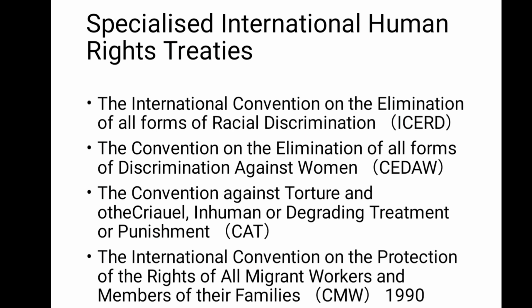This convention has an optional protocol which allows the United Nations Committee on the Elimination of Discrimination Against Women to receive and hear cases of violations of women's rights. The optional protocol requires that the complaint, which is called a communication in international law, be in writing, bearing the name or names of the complainant, and that the complainant has exhausted all avenues of redress in one's country, unless such avenues have been unnecessarily prolonged, and that the particular complaint is not being examined by another committee.